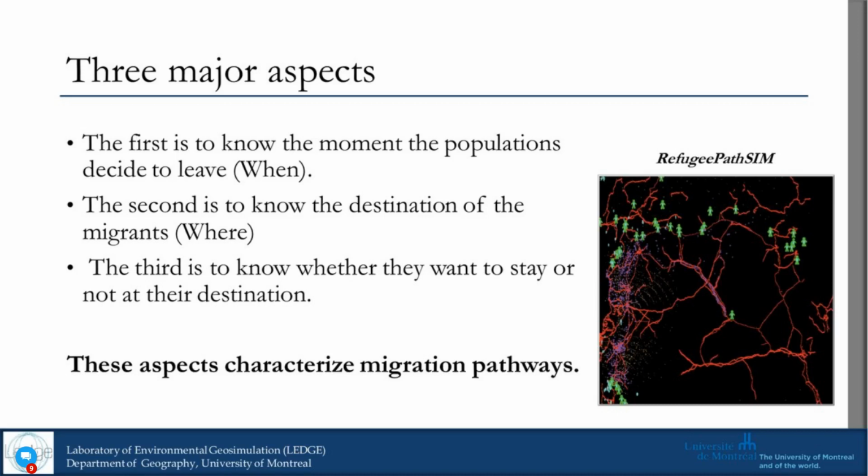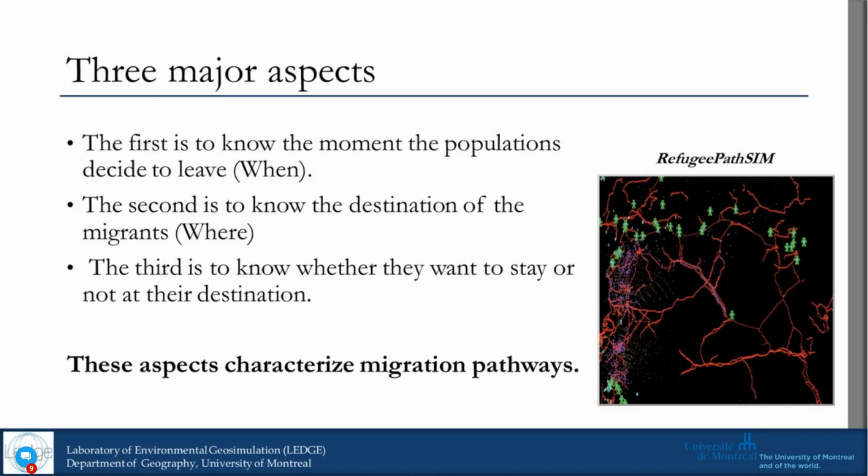The key things for us were to identify the likelihood of the pathways that the migrants will take. We were considering identifying when these immigrants will decide to leave their place of origin. The second one is where they will go.